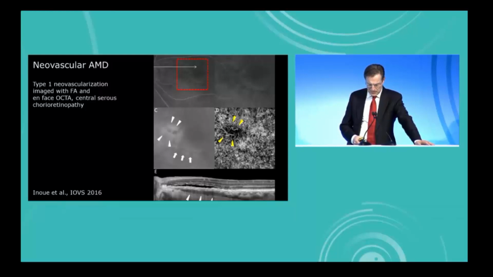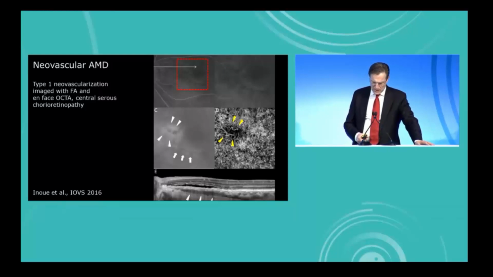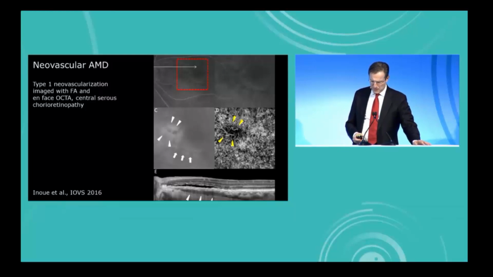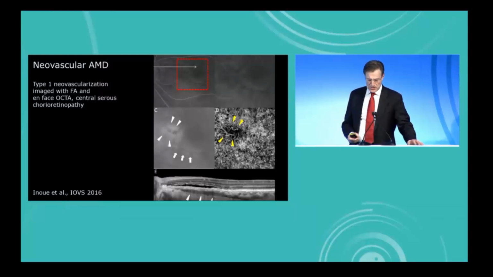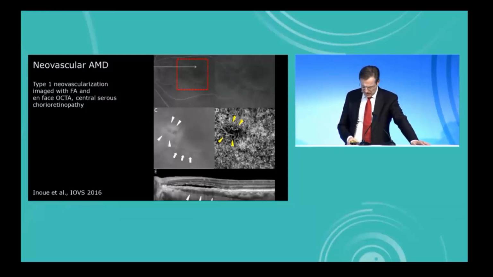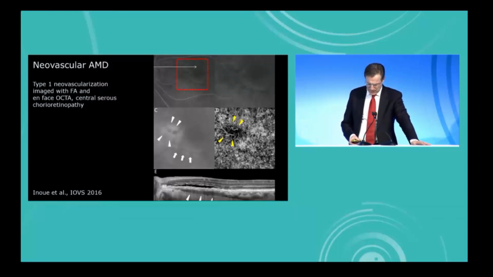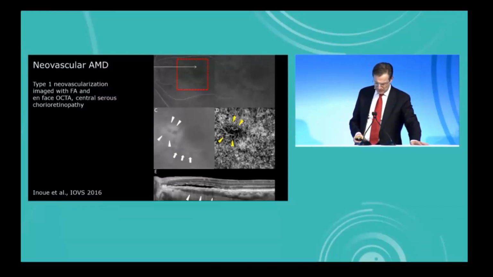And on figure C, you see a vague late phase outline produced by profuse leakage underneath the pigment epithelium. But when you come to D, you see a very sharp outline of the new vessels behind the retinal pigment epithelium. And at the bottom, you have the structural cross-sectional OCT that shows you that here we have some features that are compatible with central serous chorioretinopathy.